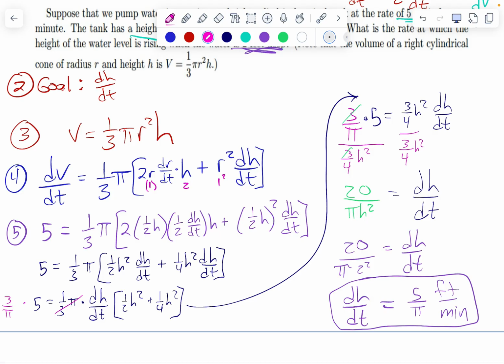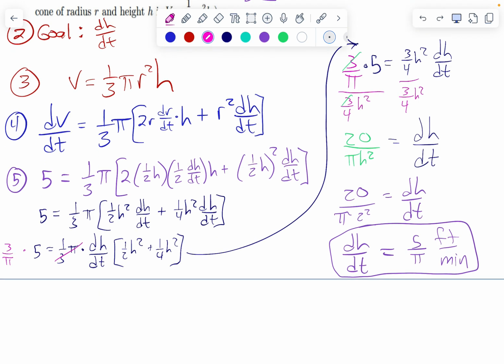Can you guys do this without me rewriting? So this is 2 times 2 is 4. And then, yeah, I'm going to have to write it out. Because dr dt is still in terms of, maybe I should have plugged it in one step below. Okay.